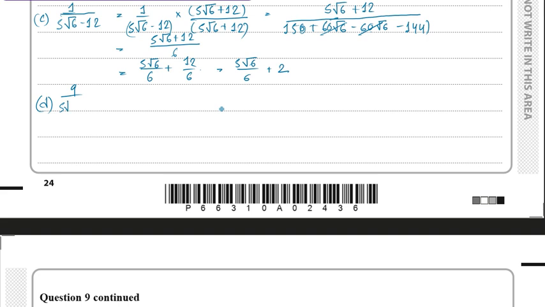So 5 root 6 minus 12 can also be written as 9 multiplied by 1 by 5 root 6 minus 12, which is 9 multiplied by 5 root 6 by 6 plus 2, because 1 by 5 root 6 minus 12 is 5 root 6 by 6 plus 2, which we got in part C. So we did that here.